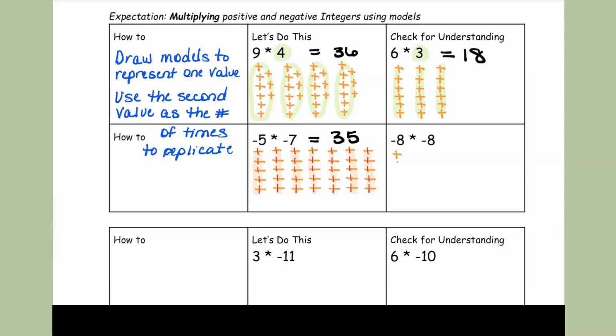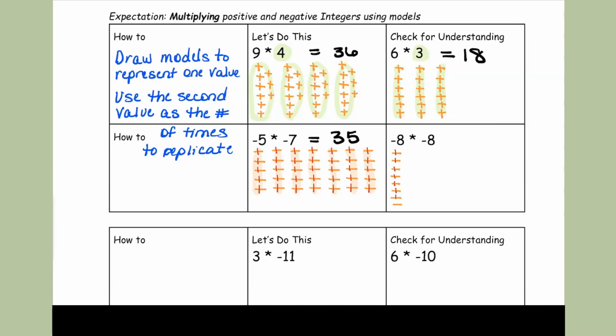All right, welcome back. Now, I started out showing this -8 and I immediately drew a positive, but I don't want to do that. I want to show you the right way to do this. We're going to start with our -8, so draw 8 negative symbols or 8 negative markers. And then because of this second -8, that is when I change those to the opposite of what they are.